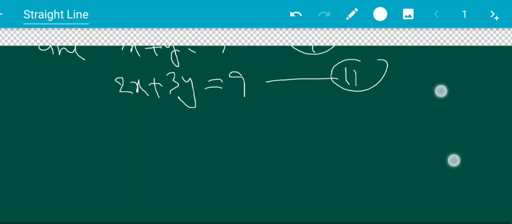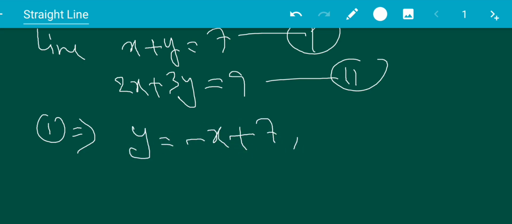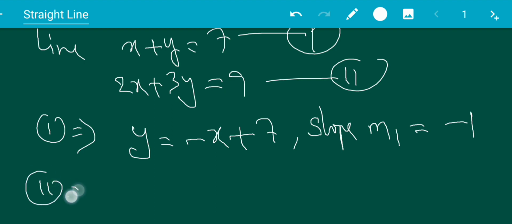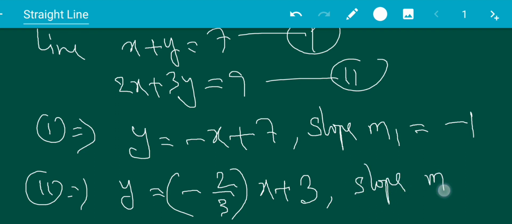So I can write 1 implies y is equal to minus x plus 7. What is the slope? m1 equal to minus 1, and 2 implies y is equal to minus 2 by 3 x plus 3. So slope m2 equal to minus 2 by 3.